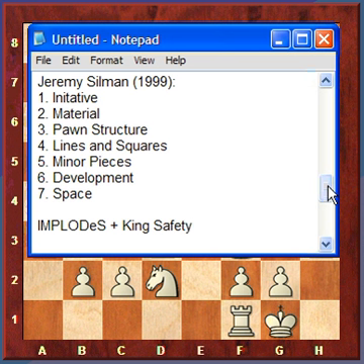Now, what do I say? Well, I break it down. To be honest, any one of these, Reuben Fine, Yasser Seirawan, or Jeremy Silman, are great ways to analyze the position.